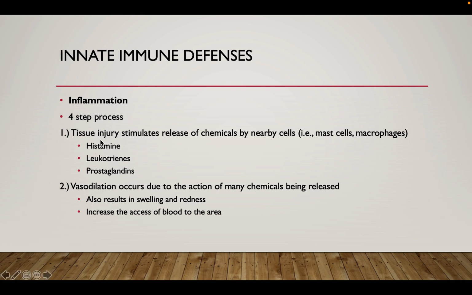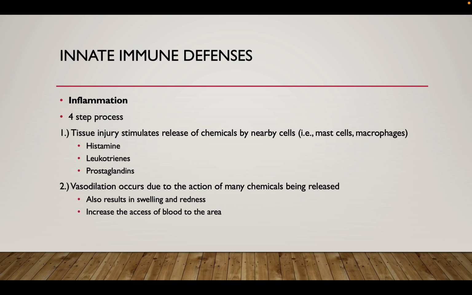So the next step we'll have after tissue injury is vasodilation. And again, it's due to some of these chemicals that are being released that result in the increasing of the vessel diameter. So with vasodilation, we now get the swelling that's associated with inflammation, as well as the redness, because now we have more blood in that area, so it appears swollen, and that blood contributes to the red color.